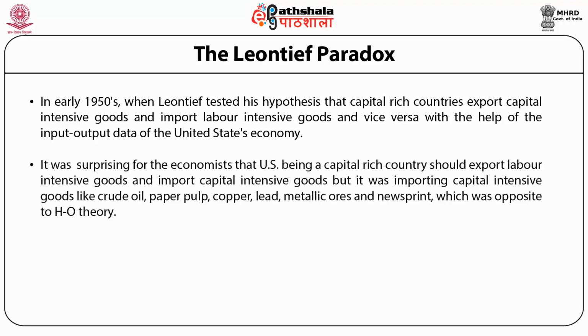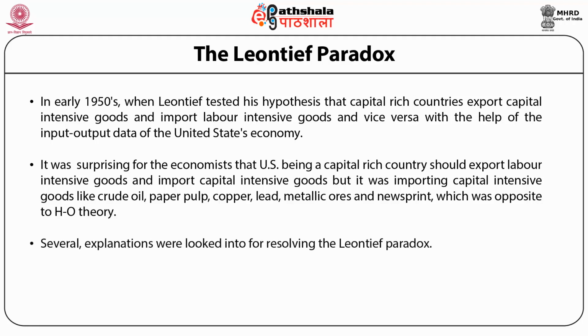It was surprising for economists that the US, being a capital-rich country, should export labor-intensive goods and import capital-intensive goods, but it was importing capital-intensive goods like crude oil, paper, pulp, copper, lead, metallic ores, and newsprint, which was opposite to the HO theory. Several explanations were looked into for resolving the Leontief paradox.